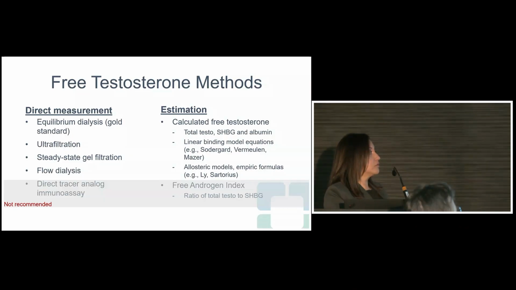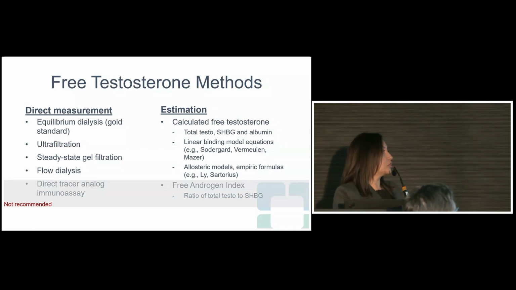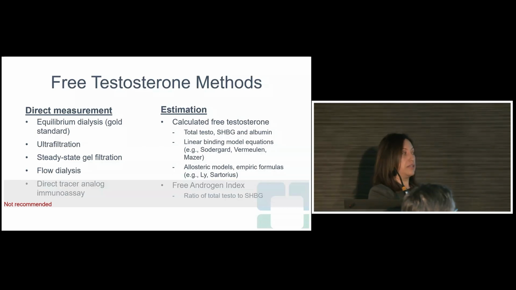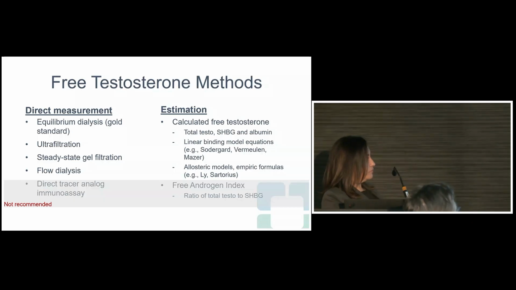Then there are the most recent allosteric models, which recognize that sex hormone binding globulin is dimeric and binds two testosterone molecules, and the binding of the first one impacts the binding of the second one, and they take all that into account for a more accurate estimation of free testosterone.